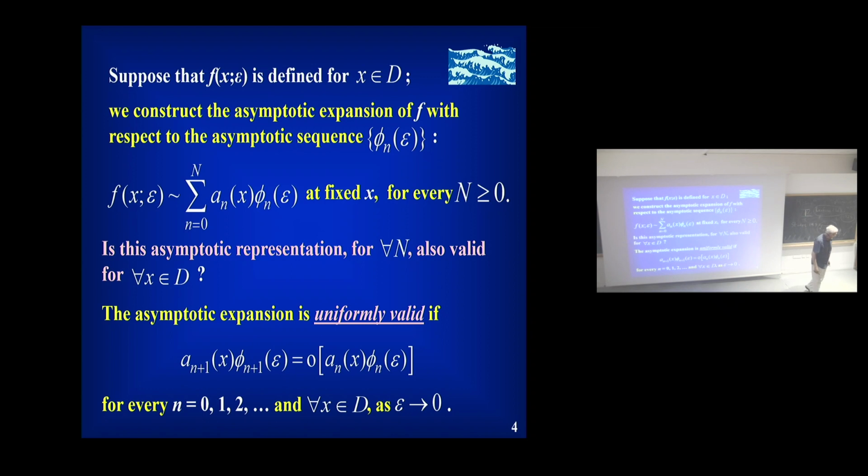If it turns out, and this is the best of all possible worlds, that for every x in that domain, and notice here I'm now not just looking at the asymptotic sequence, it is the term in the expansion involving the x, so if a term in the expansion involving the x and the epsilon is always, and for every n, smaller than the next term as epsilon tends to 0, we have what we will call a uniformly valid expansion.